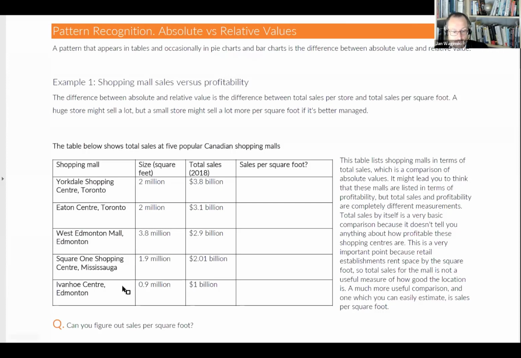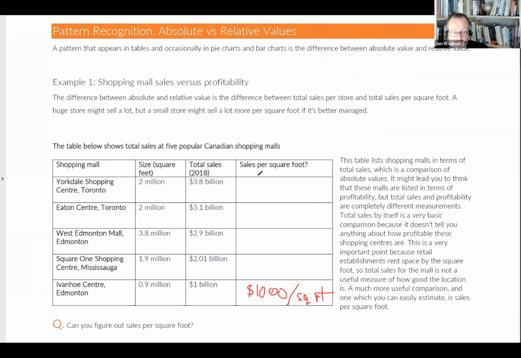Okay, so Ivanhoe Centre, sales are $1,000 per square foot per year. Okay, so we'll say 1,000 per square foot per year.